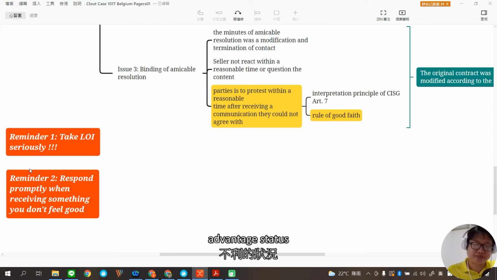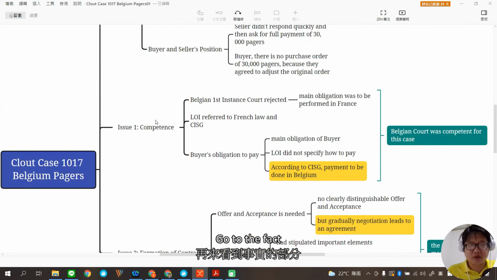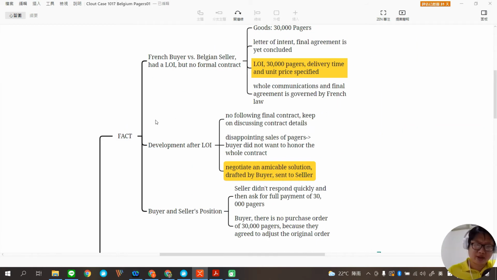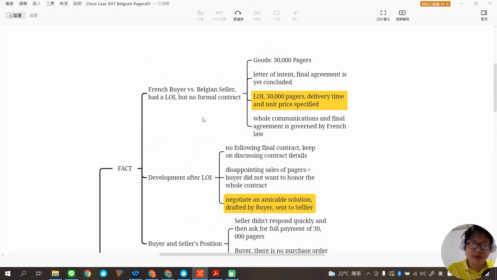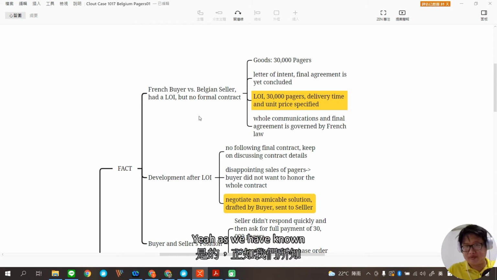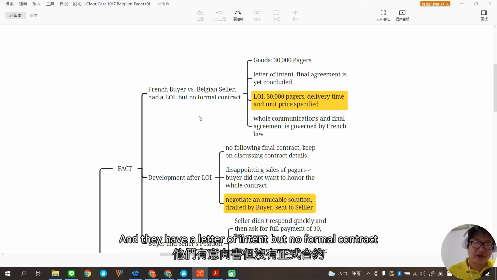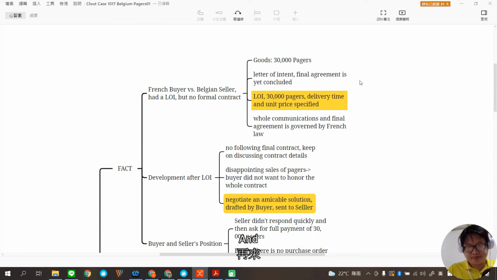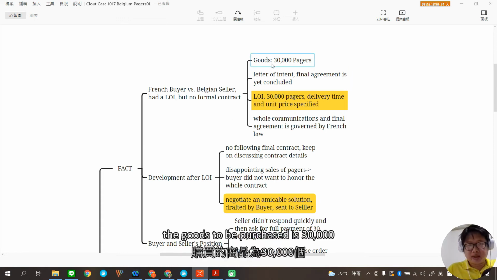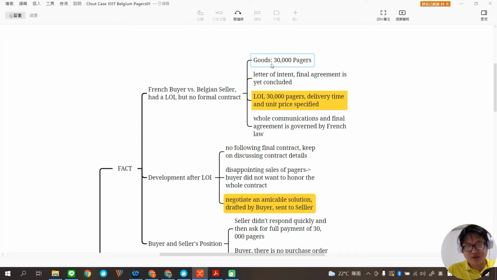disadvantaged status. Okay, go to the case. Now go to the facts. The facts could be put into three subsidiary parts. The first, as we have known, is a French buyer versus the Belgian seller, and they have a letter of intent but no formal contract, and the goods to be purchased are 30,000 pages.